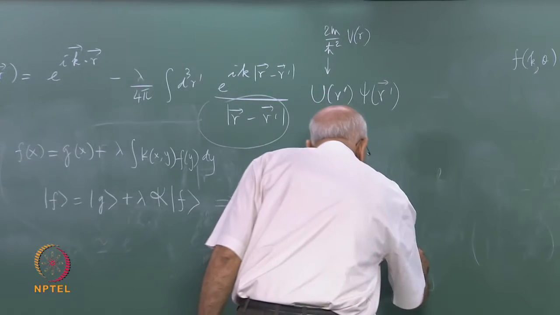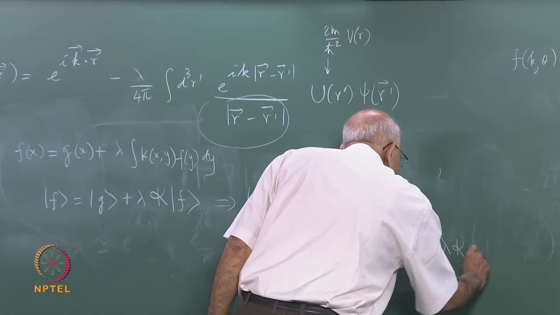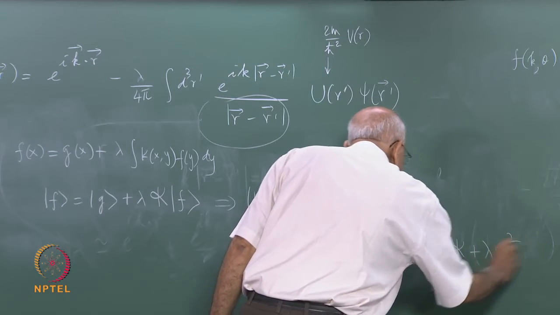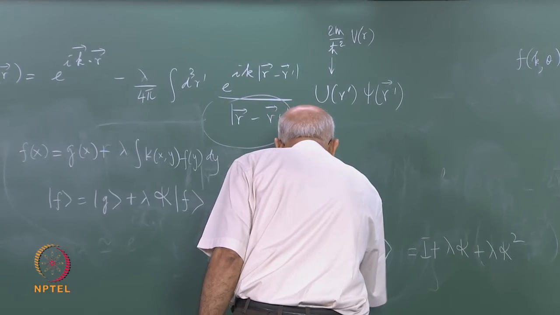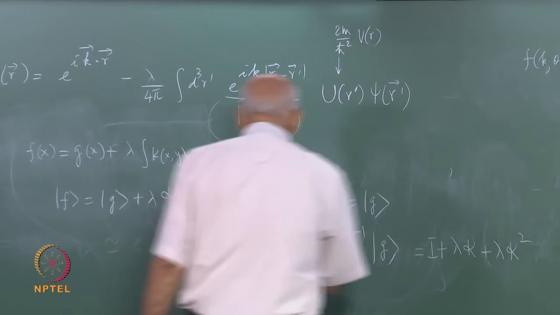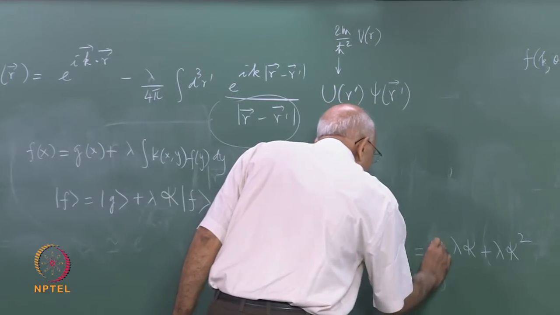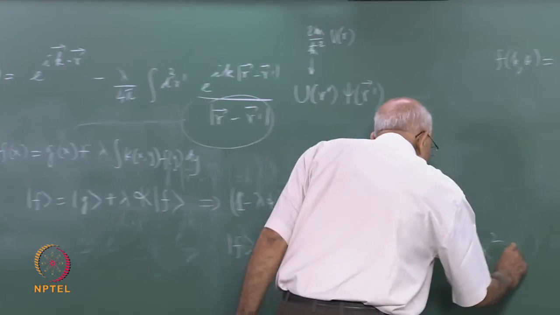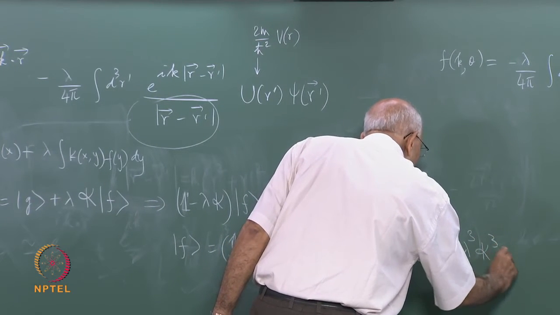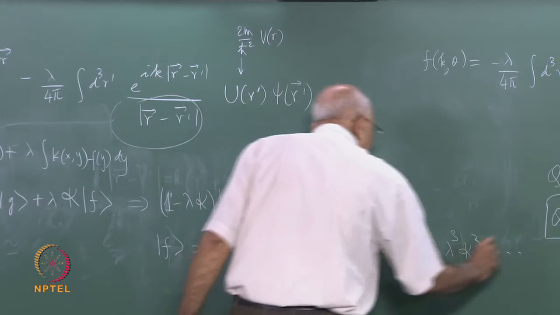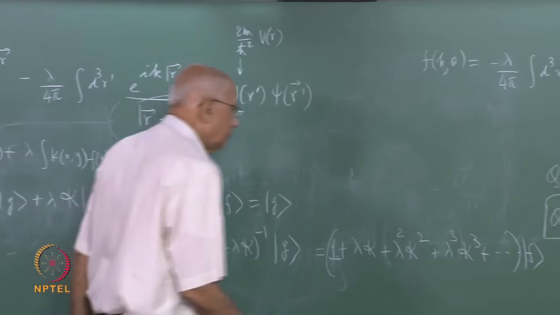So this is equal to 1 plus lambda K plus lambda squared K squared. By the way, this 1 is the identity operator, so let me write it as 1 in this fashion, the identity operator, plus lambda cubed K cubed plus etc. This whole thing acting on g.